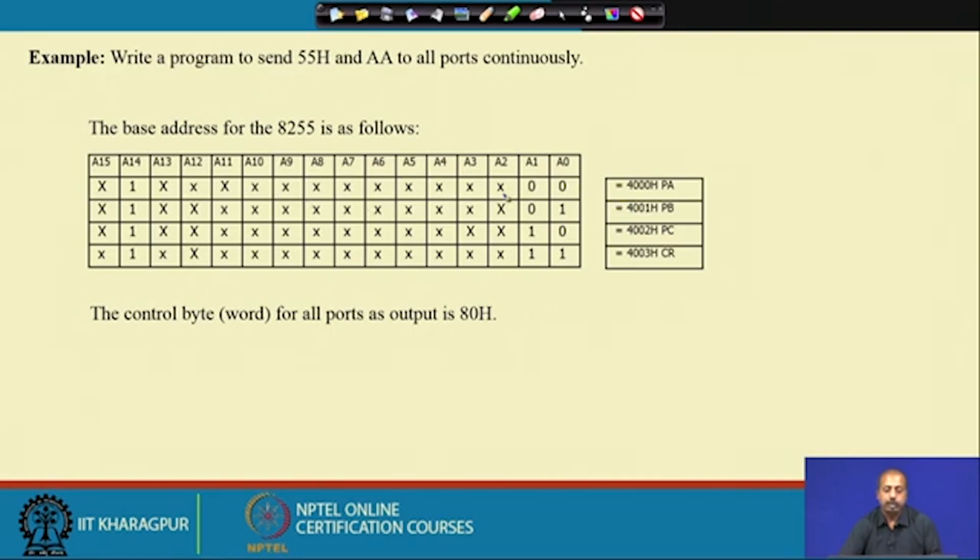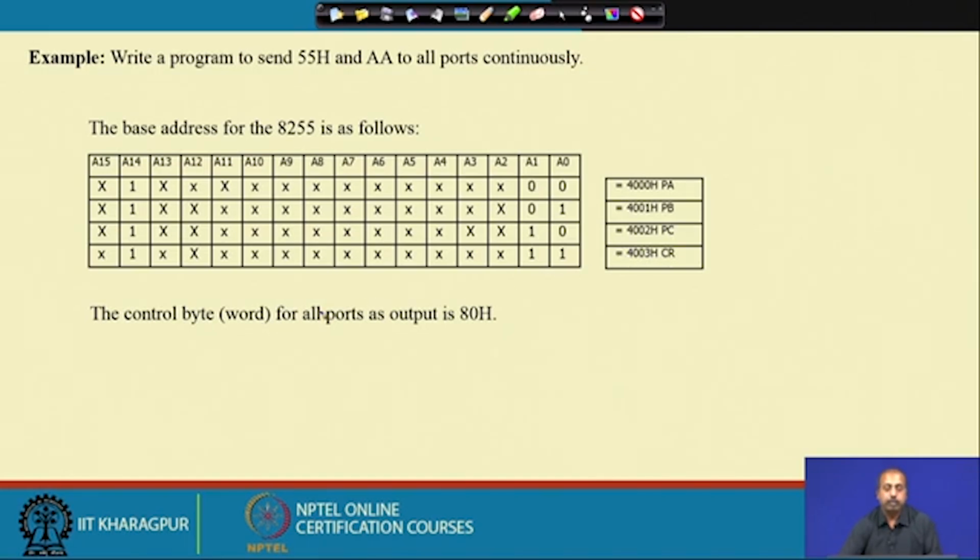All of them will be coming to port A of 8255. Then A0 and A1 being 0 and 1 gives 4001, that is port B; 4002 is port C, and the control register will be at 4003.